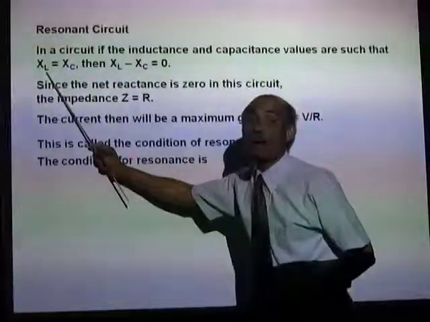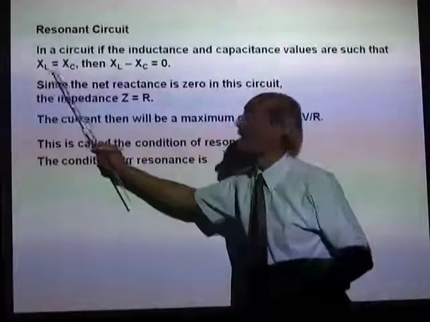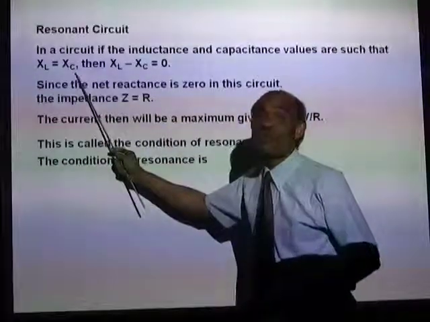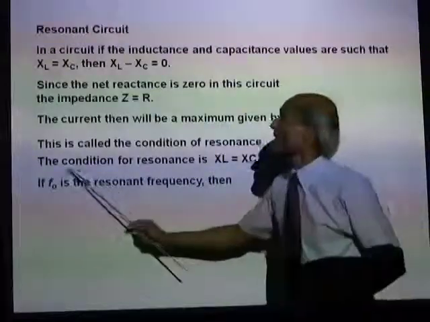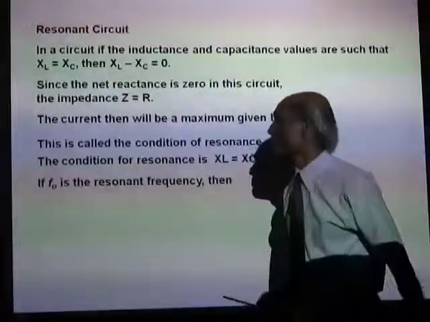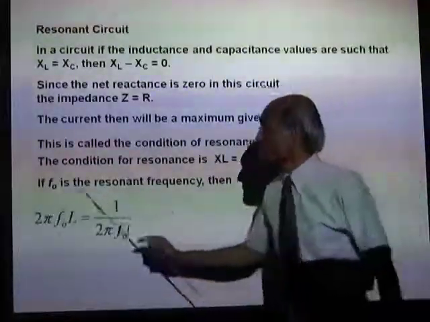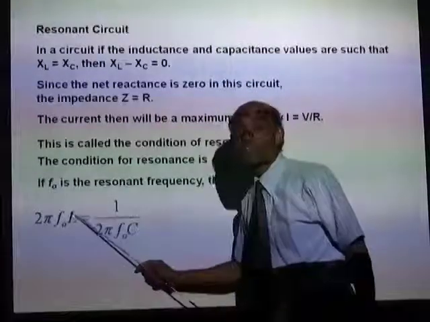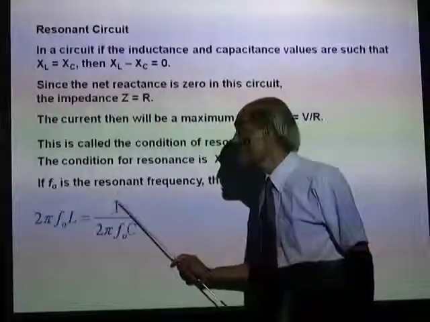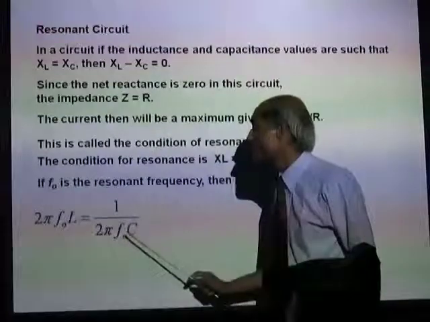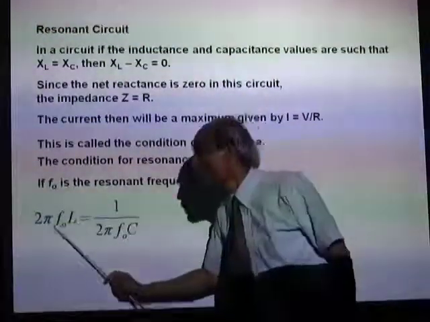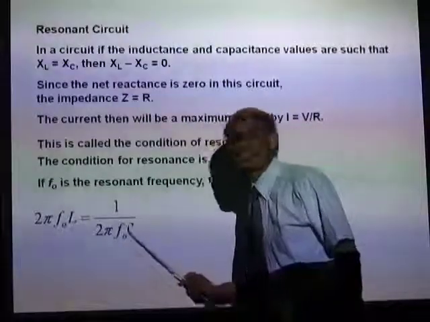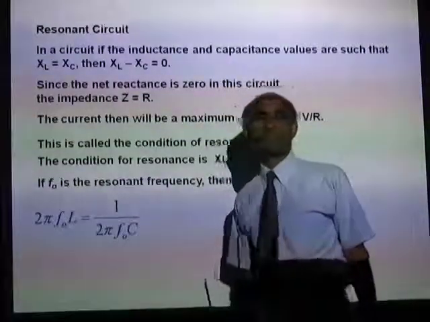XL is 2 pi FL. XC is 1 over 2 pi FC. So if F0 is the resonant frequency, then 2 pi F0 L will be equal to 1 over 2 pi F0 C. Now, when this happens, we call the frequency the resonant frequency and we represent it by F0.